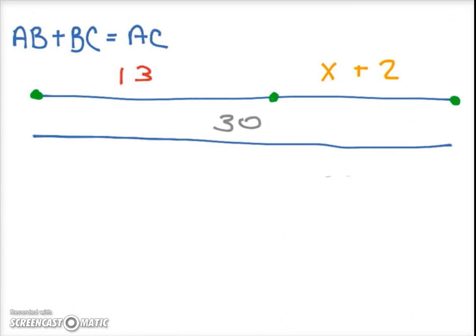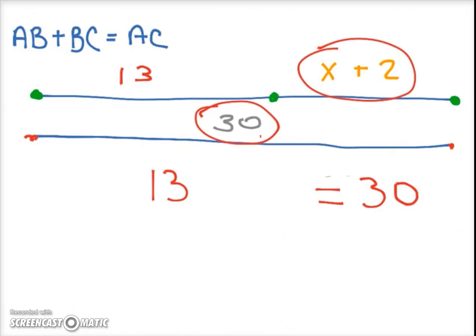So let's look at this one. We know the whole entire segment is equal to 30, so let's write equals 30. We have our AB, which is 13, but we're missing this portion, and if you see, it's actually x plus 2. So we're going to add x plus 2. What we would do first is combine like terms.